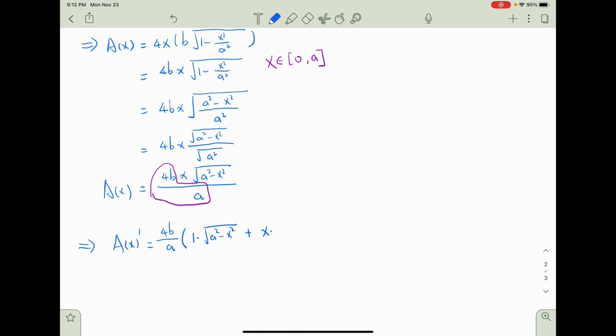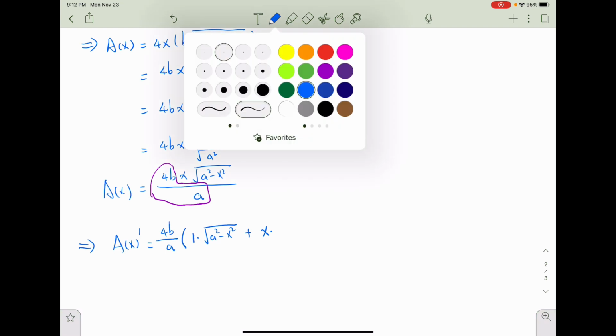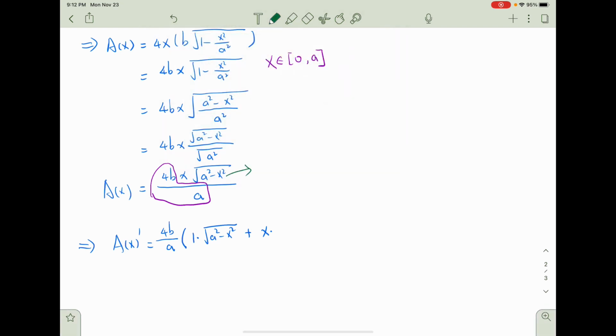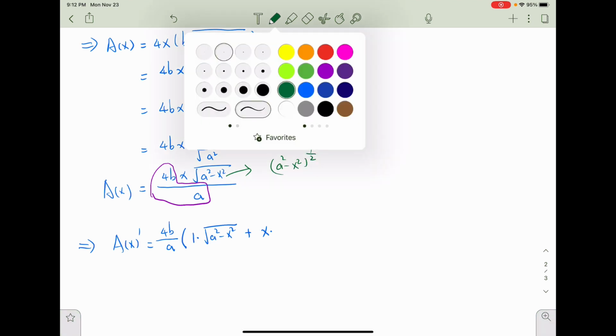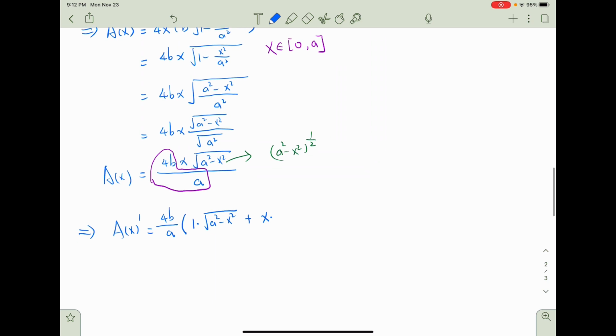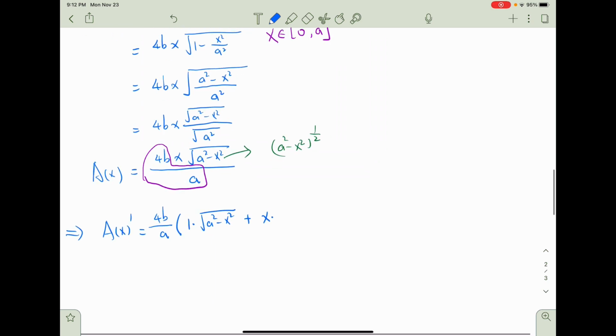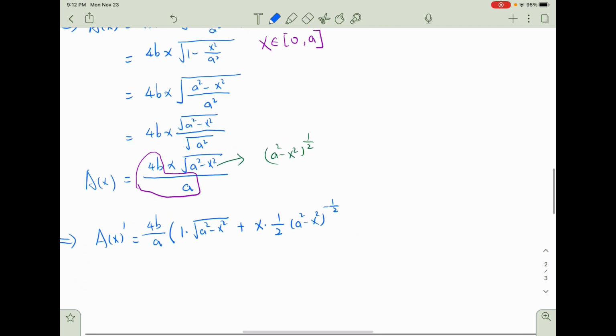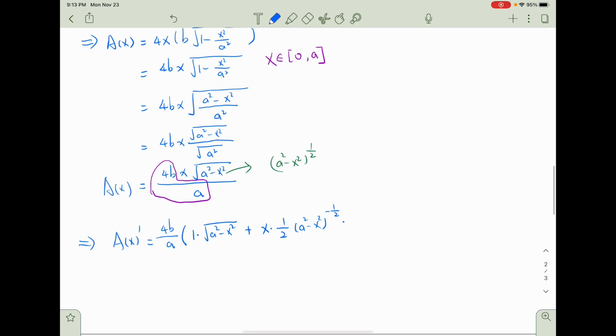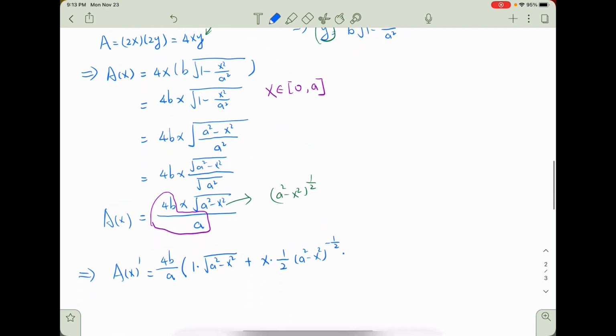We can think of this as a squared minus x squared to the 1 over 2, and apply the power rule. So that is 1 over 2, right, times a squared minus x squared to the negative 1 over 2, and apply the chain rule, times negative 2x.